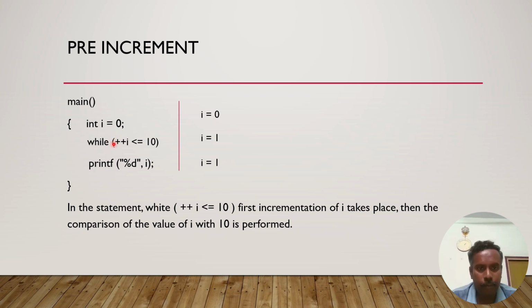First i becomes 1, that is what you should be carefully noting down, because plus plus comes before i. So i is less than or equal to 10, and this is going to print. Now i is equal to 1. After it becomes 1, here also i is equal to 1.